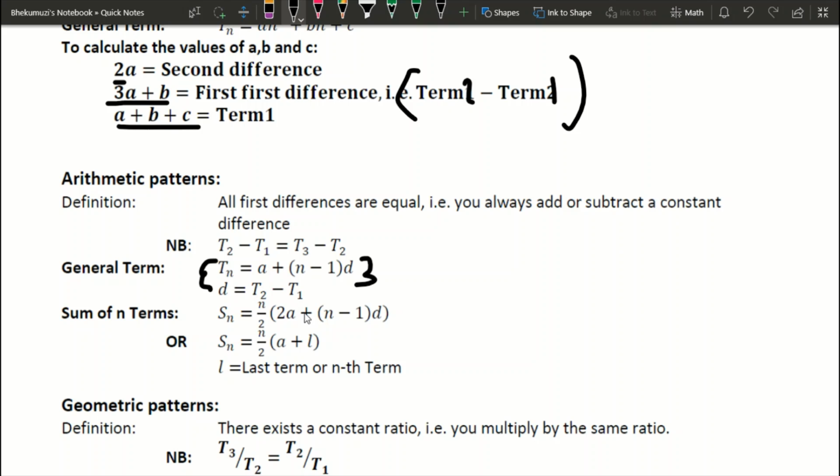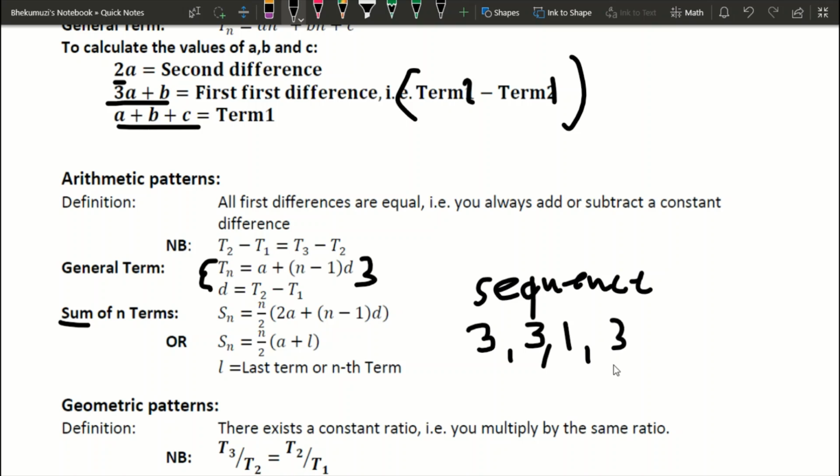Okay, and now then we also have sums of the terms. Now, before we start talking about sums or this particular formula here, when we talk about sums, we are not talking about a sequence anymore, right? Because a sequence is just a list of numbers, right? For instance, this list of numbers here, it's just a list of numbers.